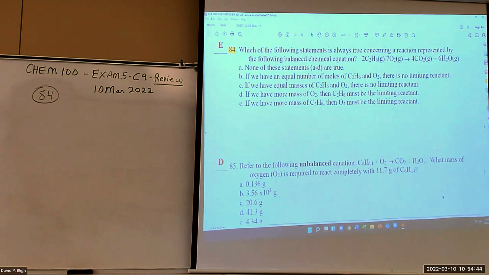84. That makes no sense. Well, that's my key. It's the same in the unkeyed one? I got it flipped around.